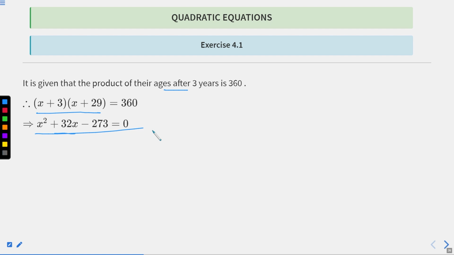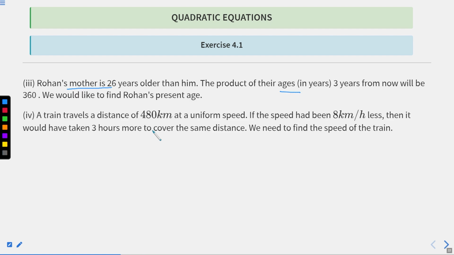Now let us move to the next question. In the next question, it says a train travels a distance of 480 km at a uniform speed. If the speed had been 8 km per hour less, then it would have taken 3 hours more to cover the same distance. And we need to find the speed of the train.